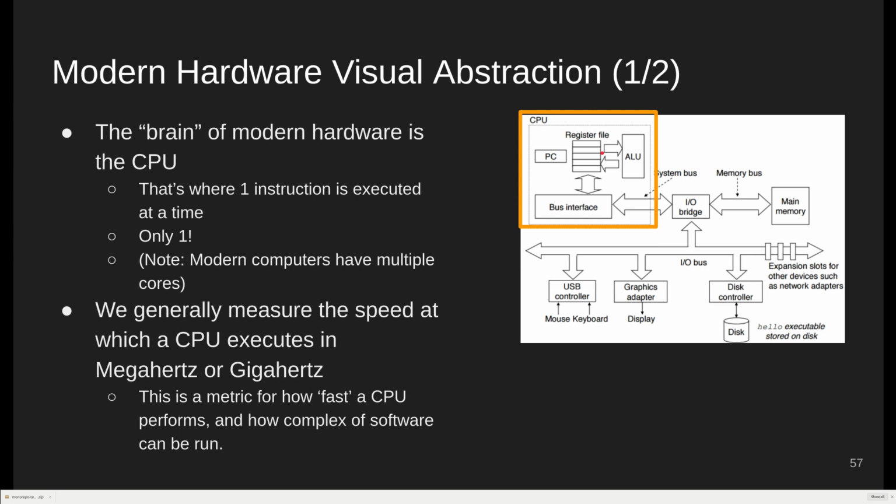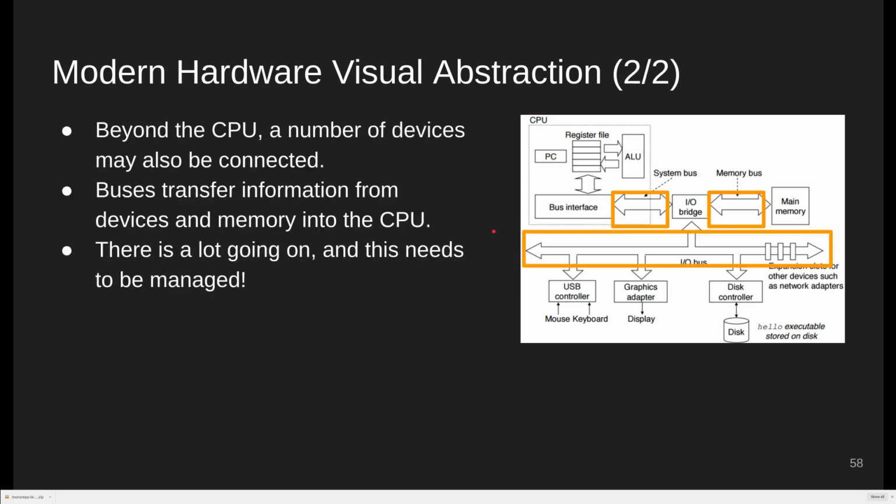Okay, modern CPUs do multiple at a time, but it's really fascinating to think about what that instruction lifetime is, right? When you do one single command, what it goes through. And then we generally measure the speed in megahertz, or today, if you're buying a good machine, in gigahertz. What's the frequency of instructions that you can execute?